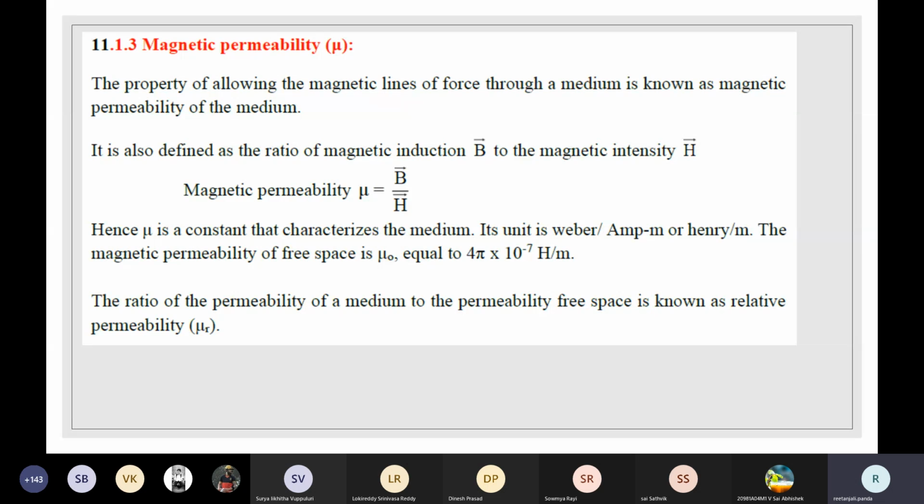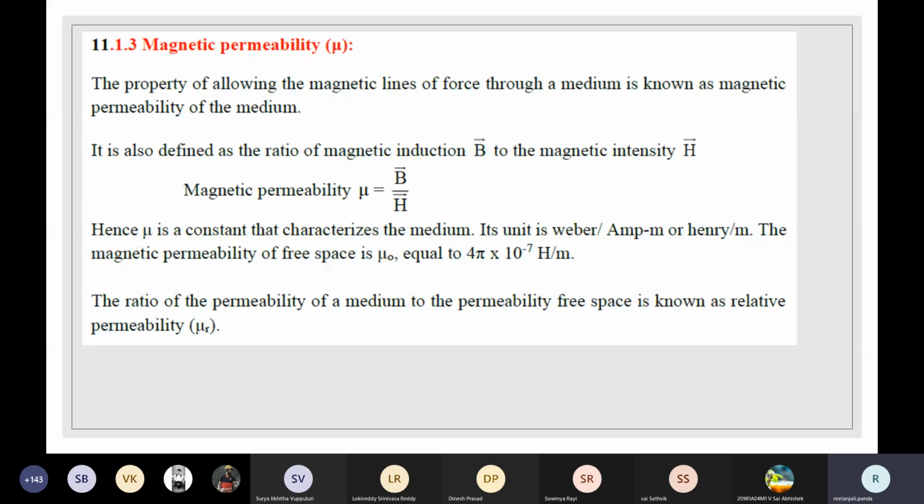For this we have the formula B by H, where B is the magnetic induction and H is the magnetic intensity. If we compare the magnetic permeability of a material in a particular medium and in vacuum, that is called relative permeability.